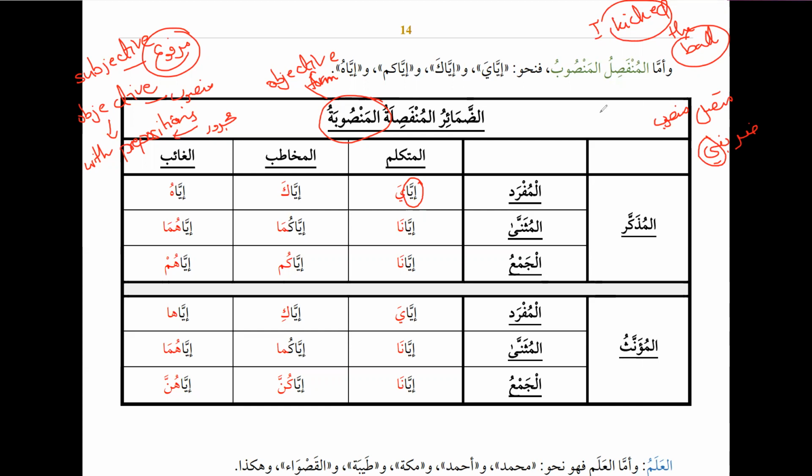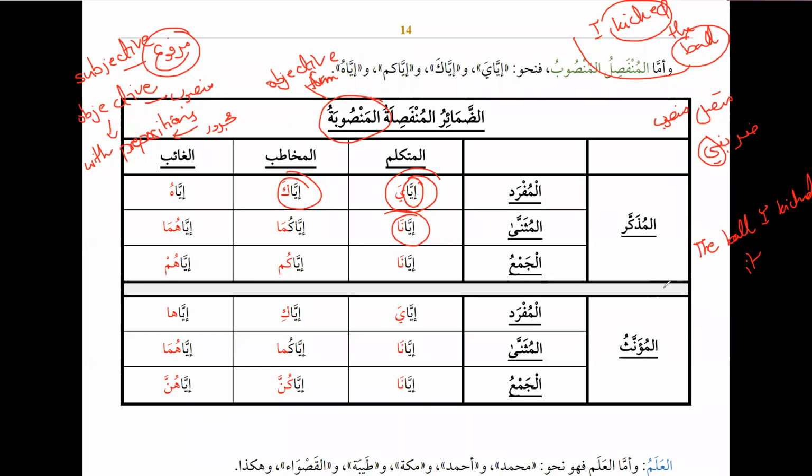Now where are you going to use ضمير منفصل منصوب? منفصل, separate, and these ones, إياي, إيانا, where are you using it? You're going to use it when you want to mention the object before the verb. The ball, I kicked it.